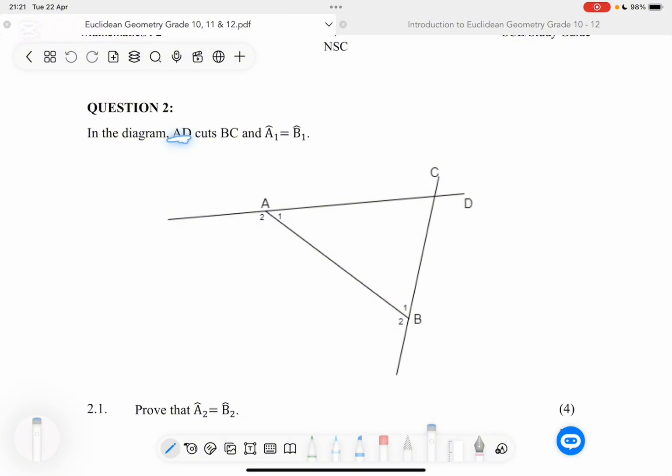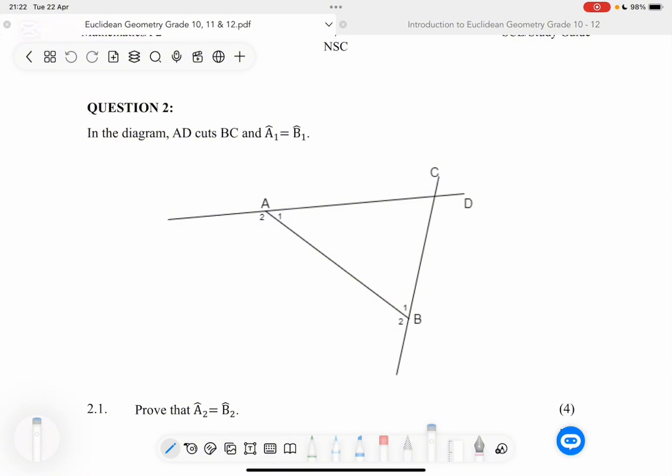So what we're basically saying here is that this line AD is a straight line that cuts another straight line BC, because we also have two letters here. It cuts BC. So AD is intersecting or cutting BC at some point here. Both those lines are straight lines.